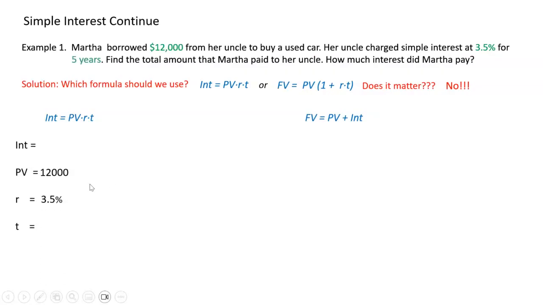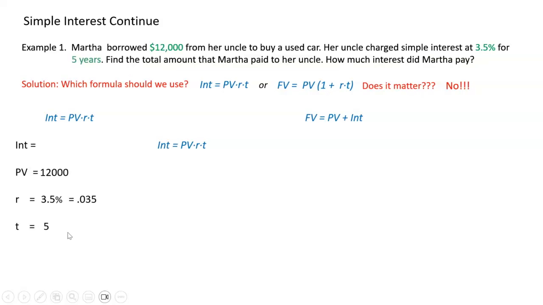But remember, we have to convert it into a decimal, so it's going to give us 0.035. Here's where most students make the mistake, with the interest rate, because they put 3.5, which is wrong. You have to move the decimal place 2 places to the left and drop the symbol, which will be 0.035. The time is already in years, so it's 5 years.